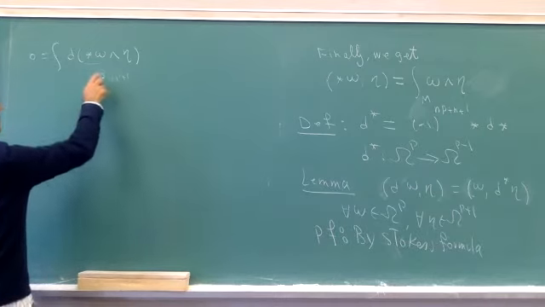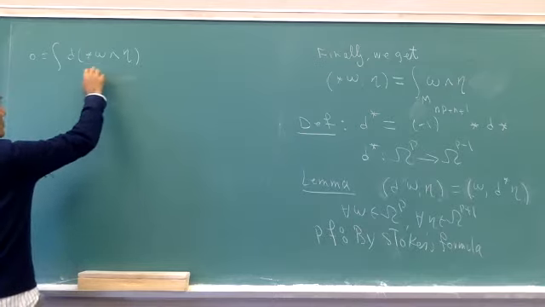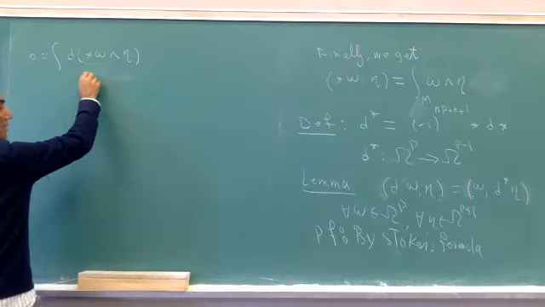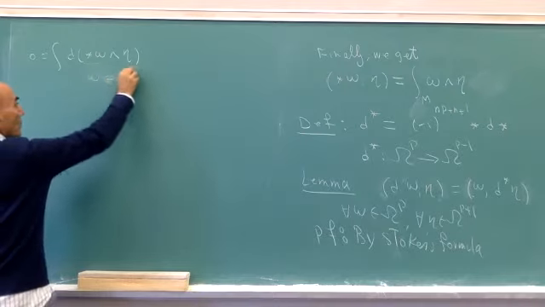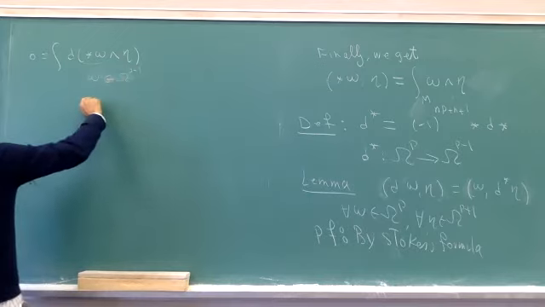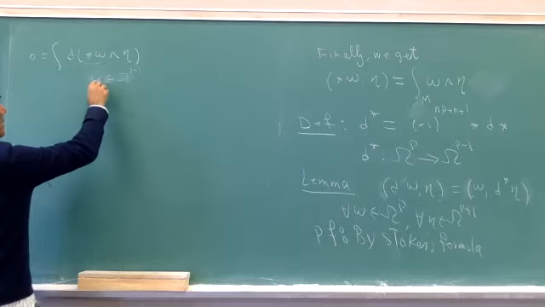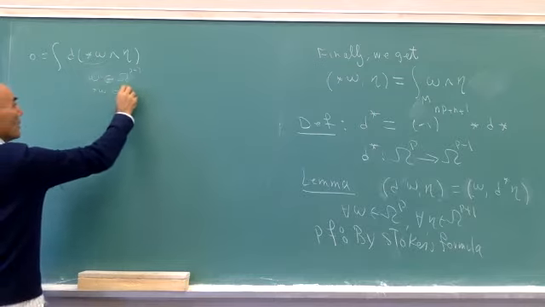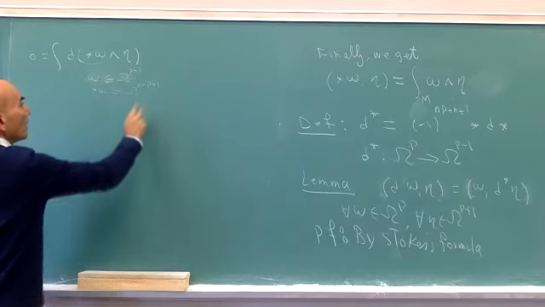So this is not quite correct. I have to assume that, say here, omega belongs to omega p minus 1, right? And then star of omega belongs to omega n minus p plus 1.